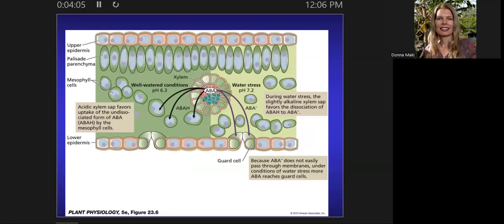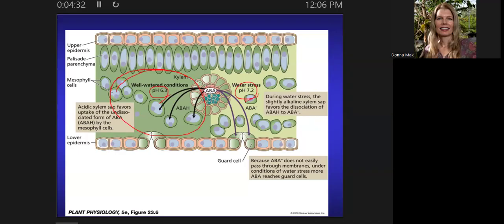It's an interesting situation because abscisic acid will come out of the xylem in the vein. And if you have a well-watered plant, it tends to go more into the spongy mesophyll cells and just have that impact. But if you have water stress, it actually shifts the pH from slightly acidic to more alkaline.